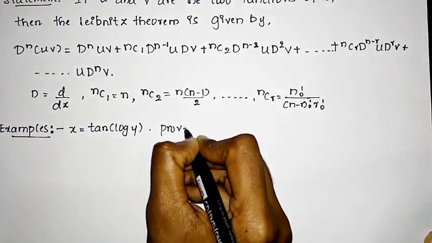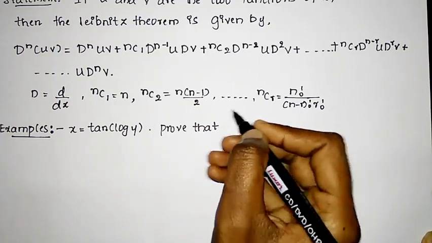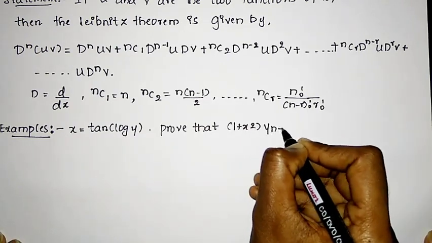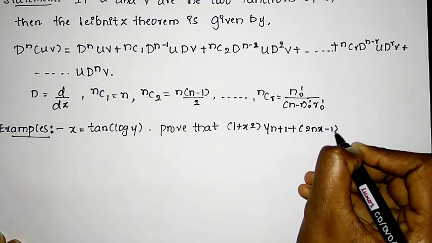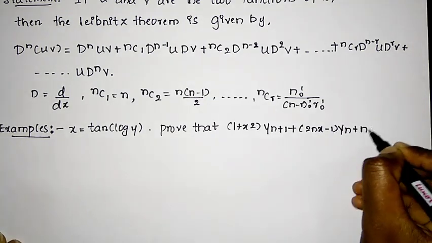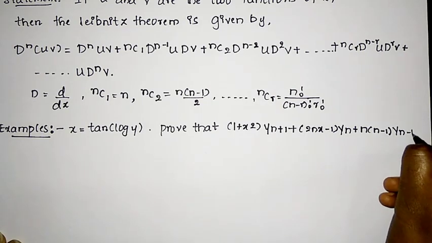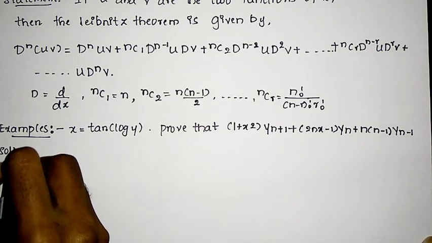Prove that 1 plus x square into y n plus 1 plus 2 n x minus 1 into yn plus n into n minus 1 yn minus 1. Then we shall find the solution for this.